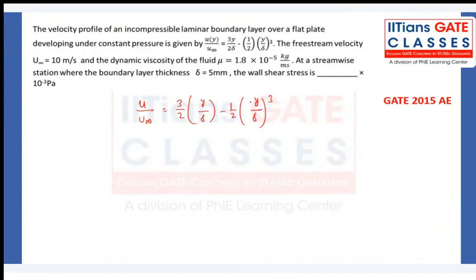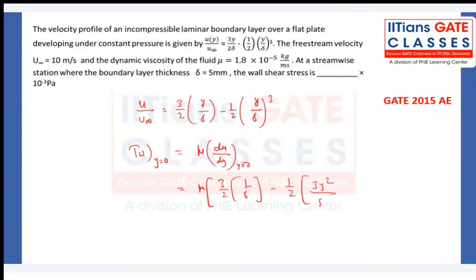The wall shear stress means du by dy at y equal to 0. That is 3 by 2 times 1 upon delta minus 1 upon 2 times 3 y square by delta cube. But at y equal to 0, that term will be gone, so we will be left with 3 by 2 times delta.